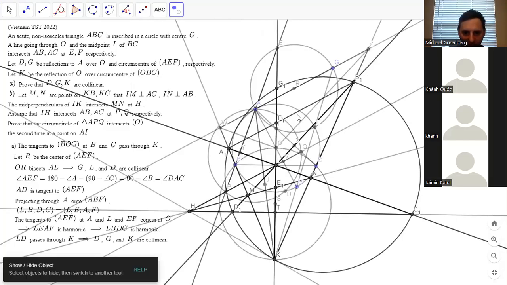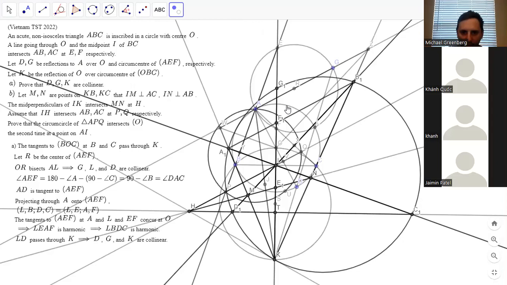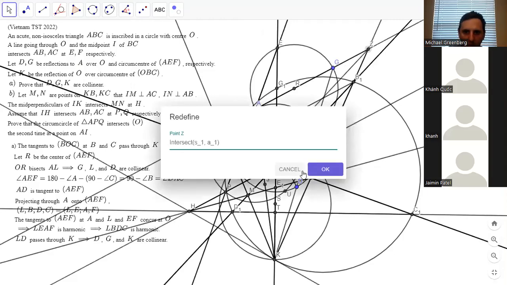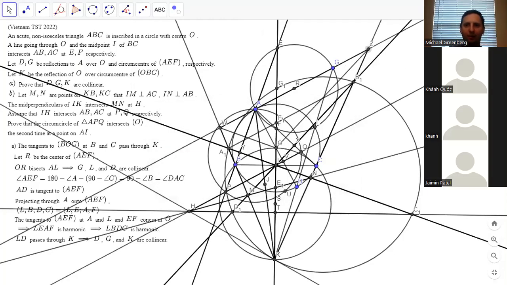Everything that we needed just for the second part of the problem. Whoops, I unhid too much.